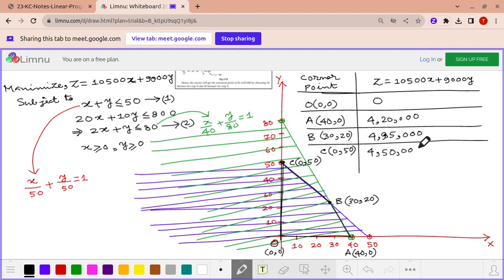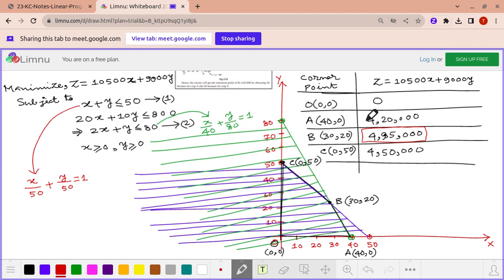Now with all these values, that is 0, 4,20,000, 4,95,000 and 4,50,000, we get that 4,95,000 is the maximum. So let me mark it in red. That is the maximum profit, and that profit is obtained when we use 30 hectares to produce crop X and 20 hectares to produce crop Y.